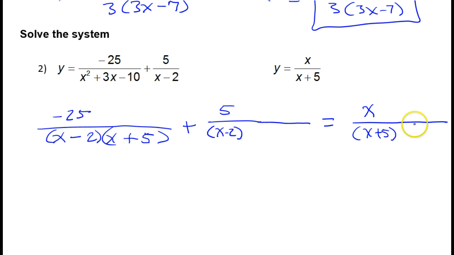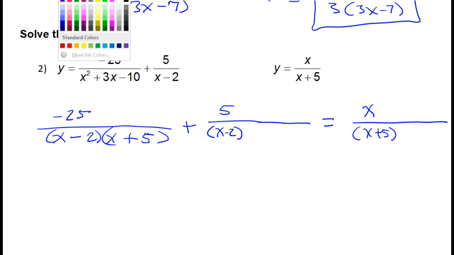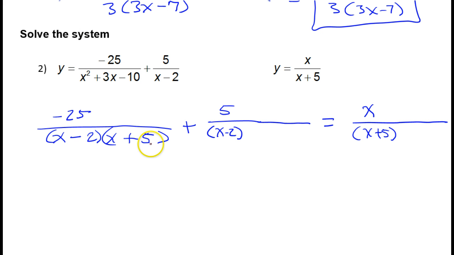Okay, now we need like denominators. There are many ways to solve these problems, but the method I'm going to do now is I'm going to make like denominators and then I'm going to cancel them all out. So this has a little bit of everything. It's got an x minus 2 and an x plus 5. So I'm going to make all the rest of the denominators like this one. So all this fraction needs is the x plus 5.